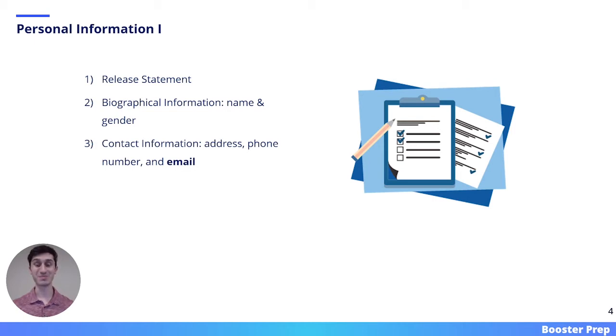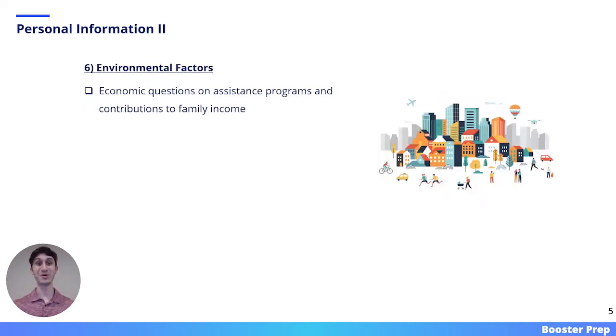That email is especially important because that is the email that dental schools will use to keep in contact with you throughout the process. Then you will input your citizenship information, including your residency and immigration status, as well as your race and ethnicity.